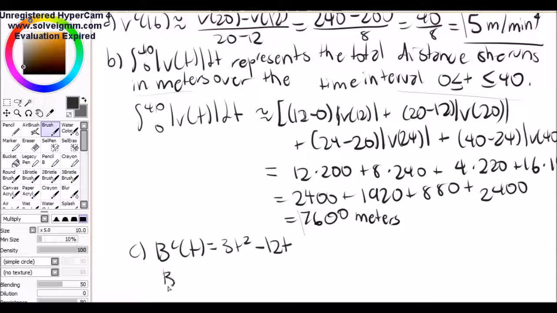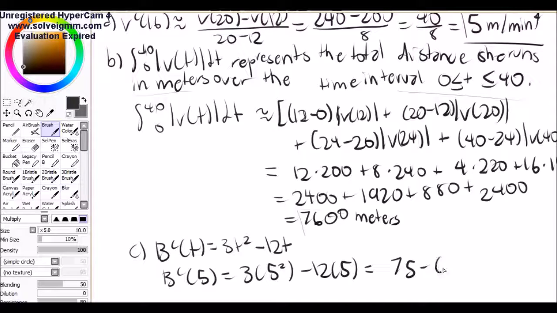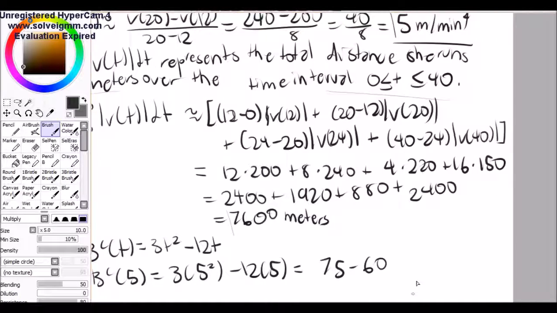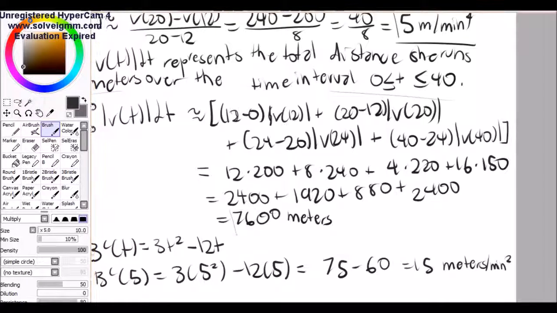Substituting t equals 5, we get 3 times 5 squared minus 12 times 5. This is equal to 75 minus 60, which is 15 meters per minute squared.